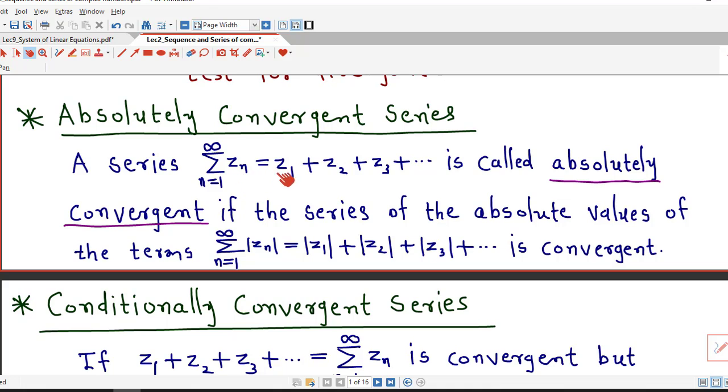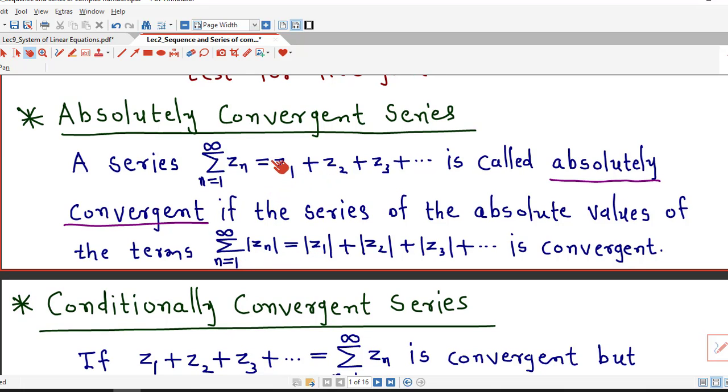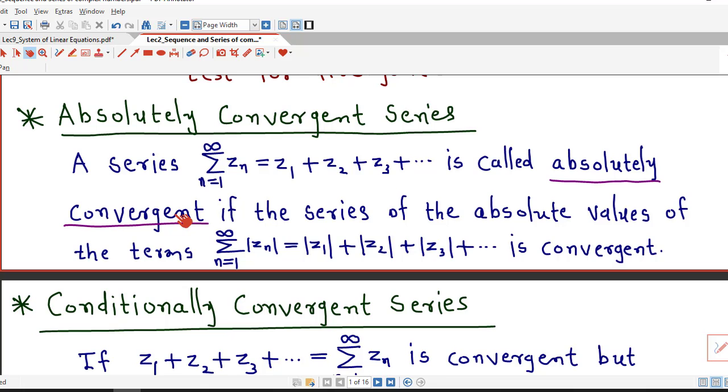If we take the absolute value of each term of the given series and construct a new series denoted by sigma absolute value of Zn, and this series is convergent, the given series is known as an absolutely convergent series.